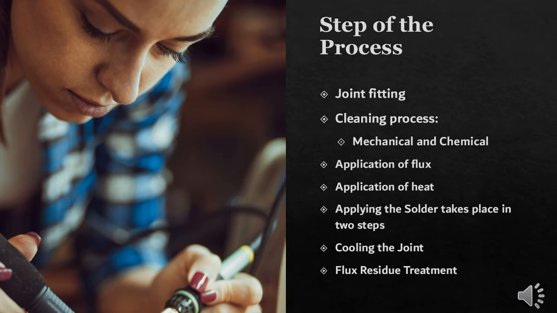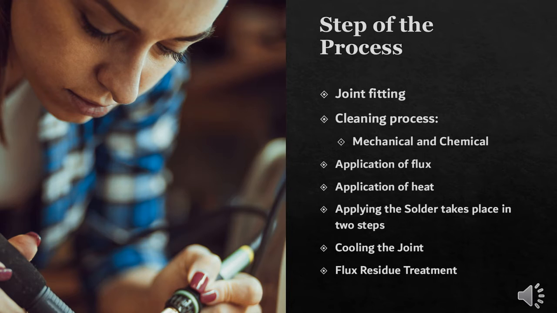For the mechanical process, we can clean the material, like the specimen, using cloths, or maybe some tissue. And then for the chemical cleaning, we use acid to remove the dust, or maybe another liquid that can replace the acid. After that, we go to the process of application of flux.